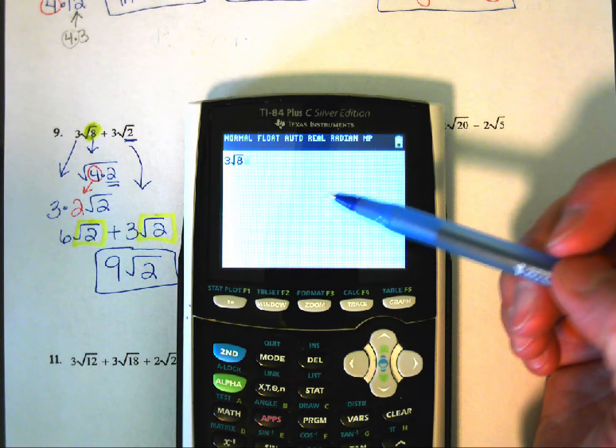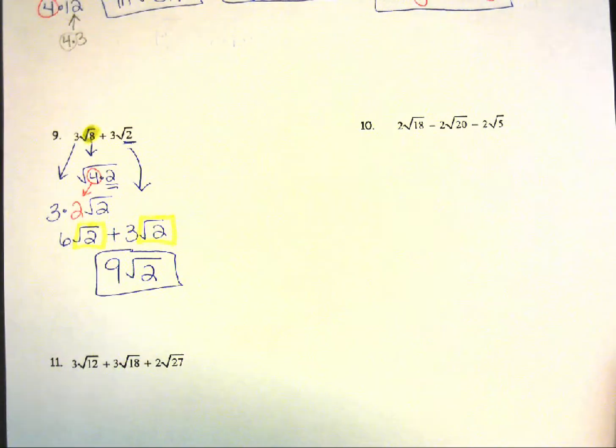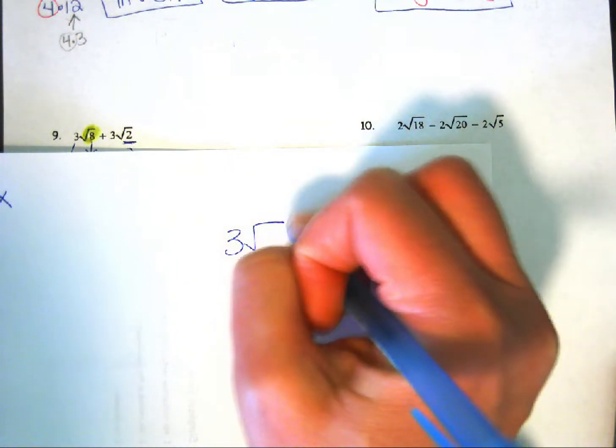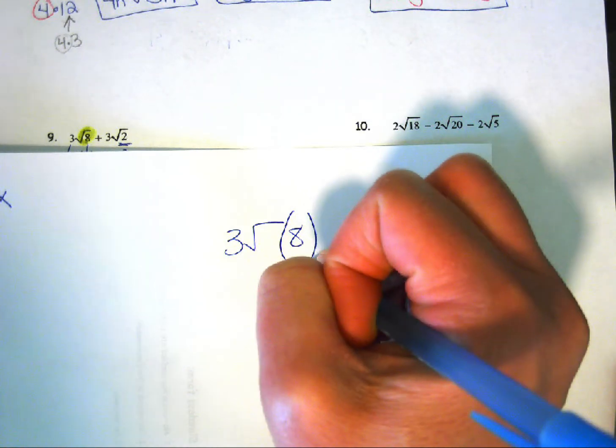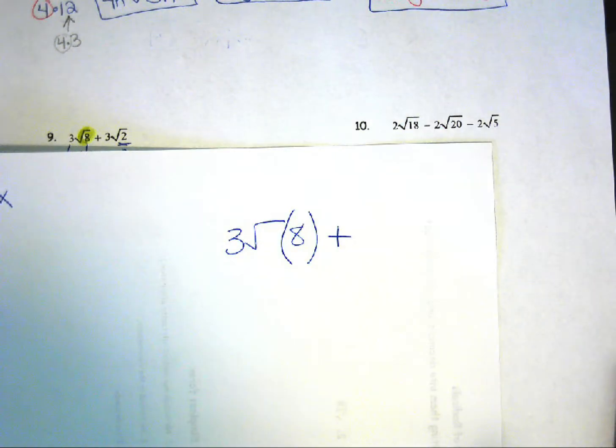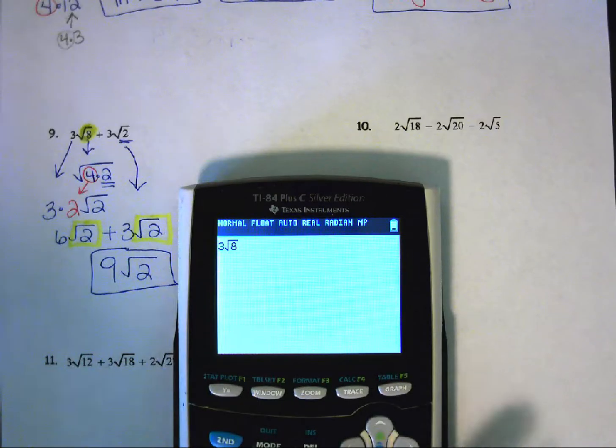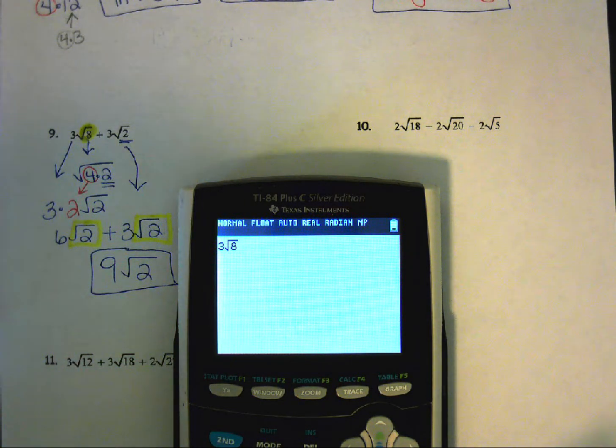Some of you who have an older style calculator, which I don't have one here, when you type the square root, it'll put a parenthesis. You're going to have to make sure that you close that off before you do your plus sign. Okay? Every model calculator can be a little different, so you have to learn the model that you're using.